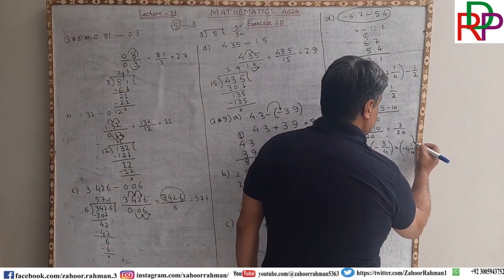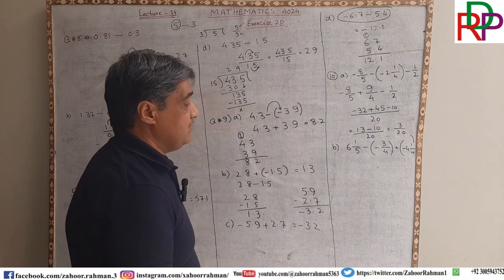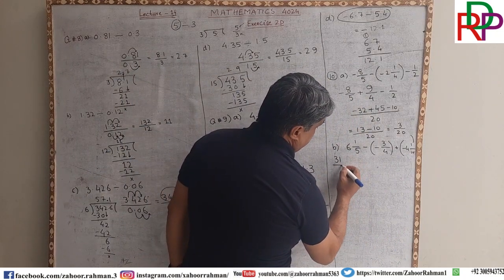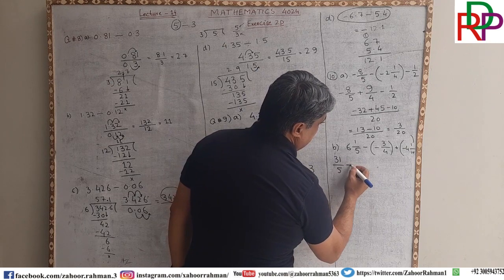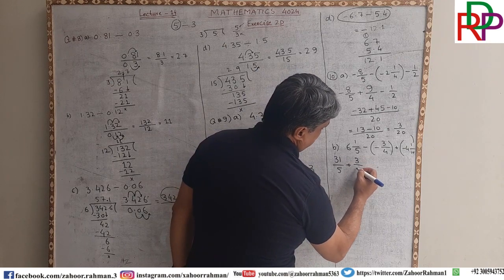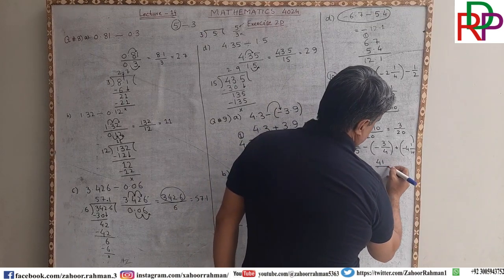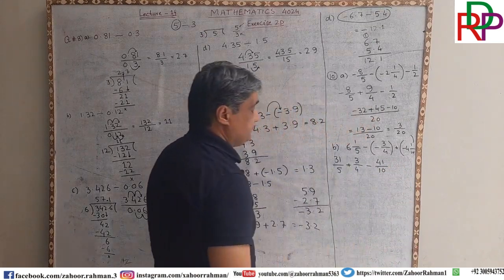Ladies and gentlemen, this will be 31 divided by 5 plus 3 over 4 minus 41 divided by 10.